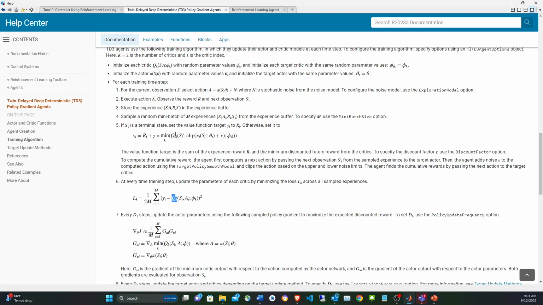So the target for each critic can have different neural network architectures, but the corresponding target for that particular critic has to be the same architecture, but the parameters, as you can see, are different. You can see this phi target k. It can be phi target 1, phi target 2. Those parameters are going to be different, and they are going to be updated based on this.